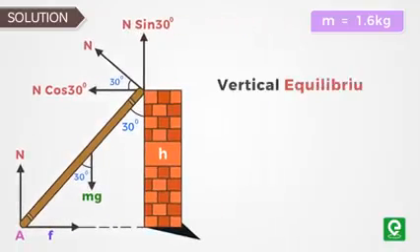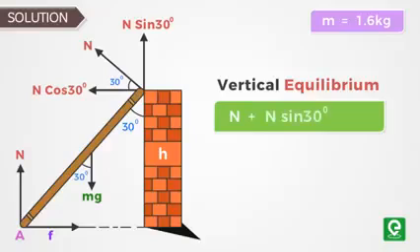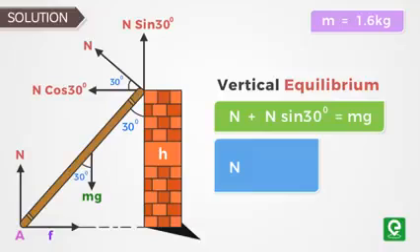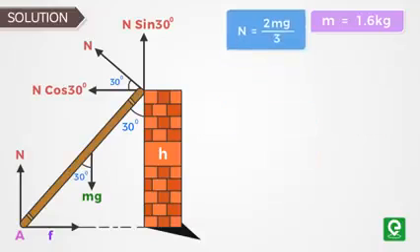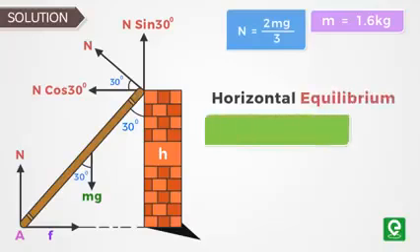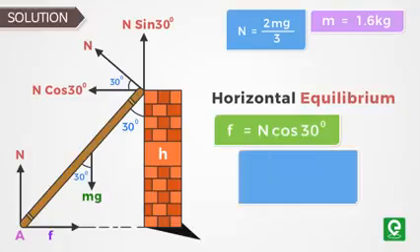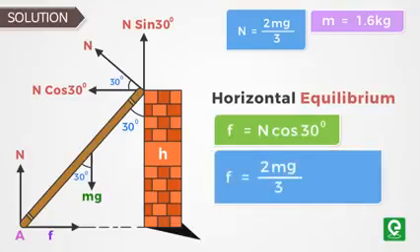By vertical equilibrium, N plus N sin 30 degrees equals mg. This implies normal reaction equals 2 mg by 3. By horizontal equilibrium, frictional force equals N cos 30 degrees. This implies frictional force equals 2 mg by 3 into root 3 by 2.